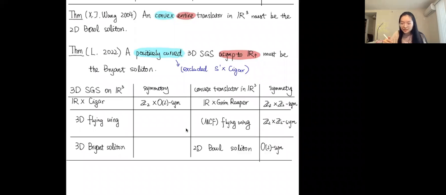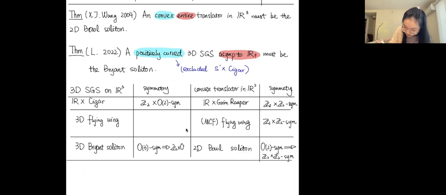This O2 symmetry can be decomposed as two reflections in orthogonal directions. So in particular, O2 symmetry implies Z2 cross Z2 symmetry as well, which is even stronger. For the Bryant soliton, we have O3 symmetry, which also implies Z2 cross O2 symmetry.